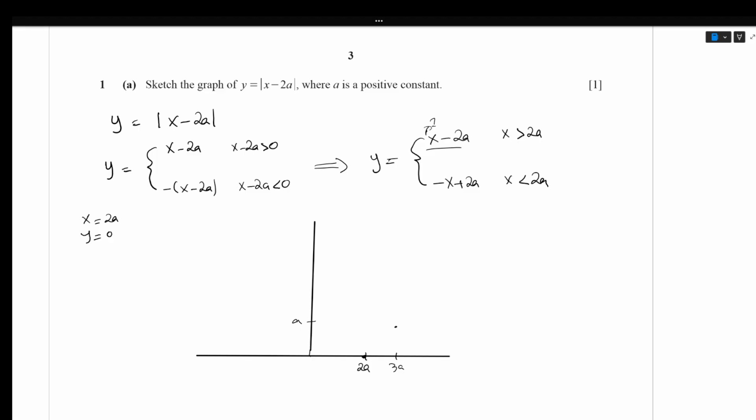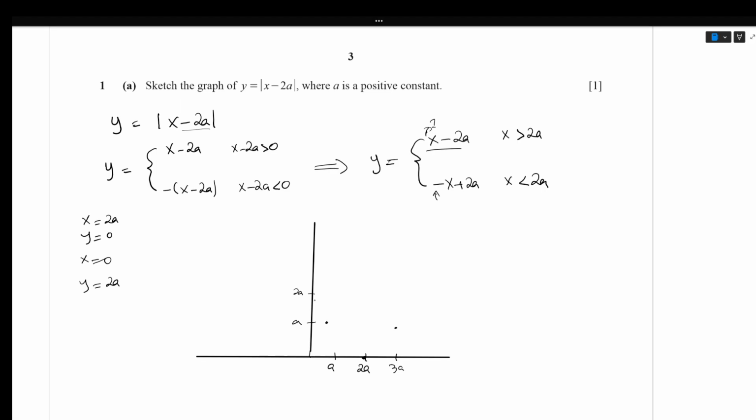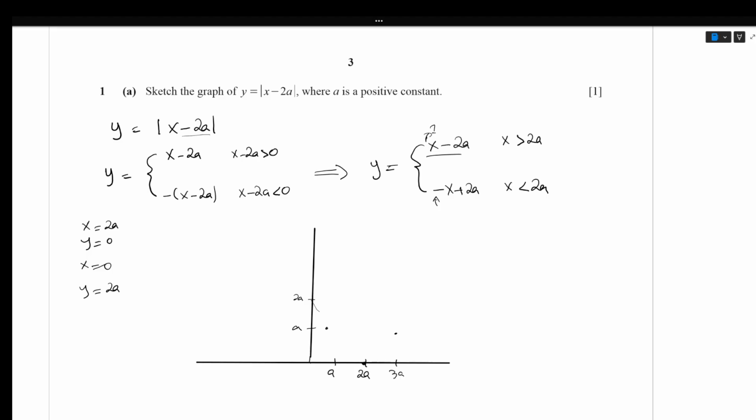And for the region where x is less than 2a, we have a gradient of -1. So at x equals a, again our y will be at a. And when x is equal to 0, our y is 2a from this equation. So this is 2a. Now we just have to connect the points.